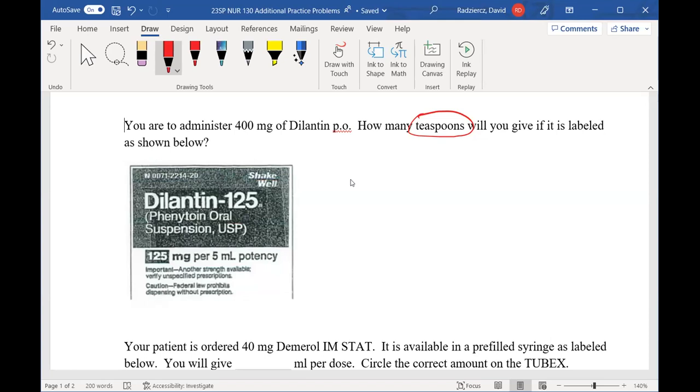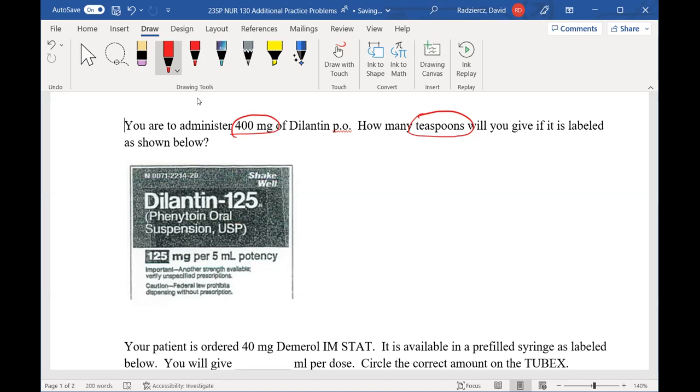Okay, so with teaspoons, first of all, you want to pay attention to what your order is: 400 milligrams, by mouth. The by mouth tells you it's a tablet, capsule, or milliliter. The reason I'm saying that is for those of you not at Allegheny campus, you need to know what you're converting to.